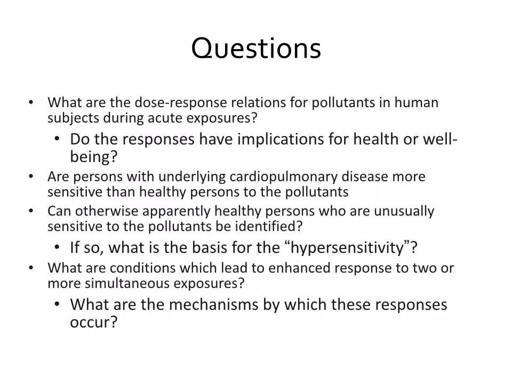Are persons with underlying cardiopulmonary disease or heart disease more sensitive than healthy people to air pollutants? Can otherwise apparently healthy persons who are unusually sensitive to pollutants be identified? And if so, what would be the basis for this hypersensitivity? How could we identify sensitive individuals discussed in the air quality index criteria?